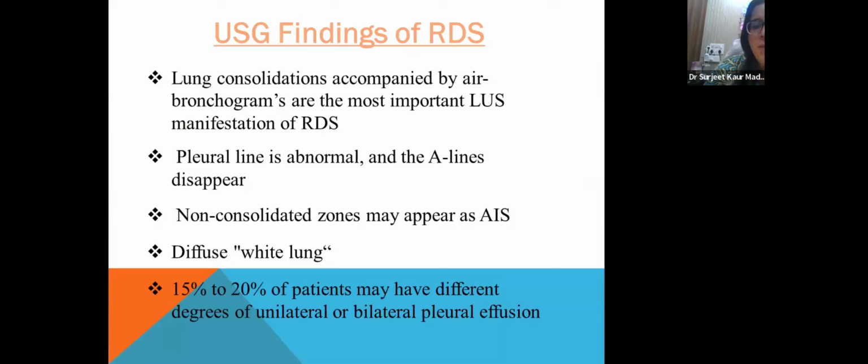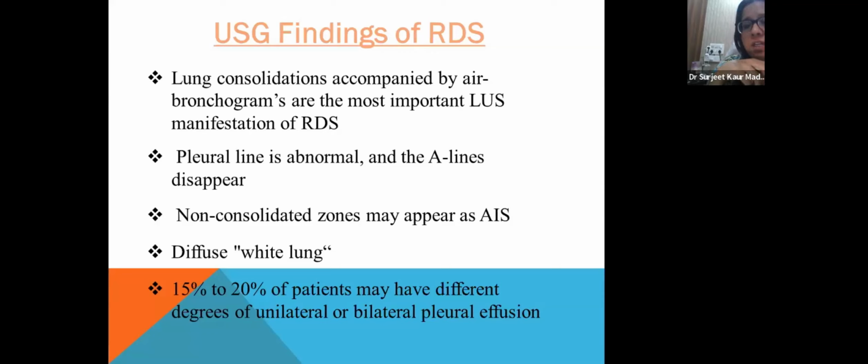So let's see how the artifacts change in your lung ultrasound picture when you have RDS. You start with the pleural line. The pleural line becomes abnormal. It is either obliterated or disappears, or it is irregular, thickened, blurred. The area below that shows a bit of subpleural consolidation.